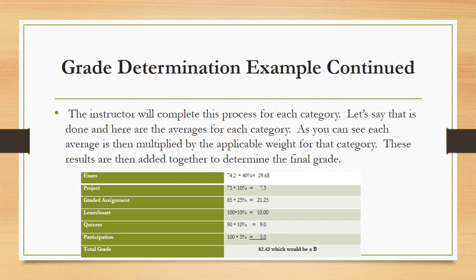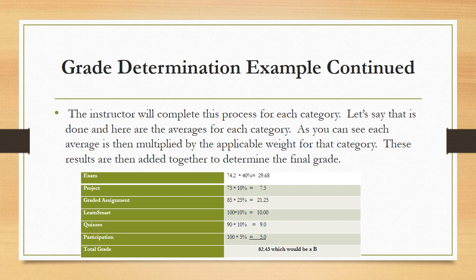And then participation. If you posted and answered a student on each chapter's discussion board, you would receive 100 for each chapter. Divide that by the total number of chapters, which is 9, and you would have 100%. Times 5%, 5 points.